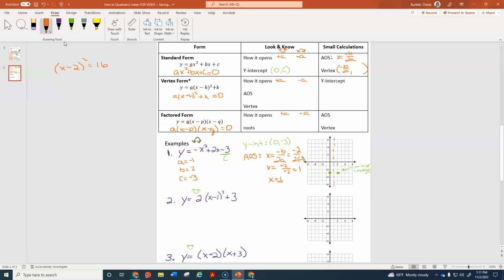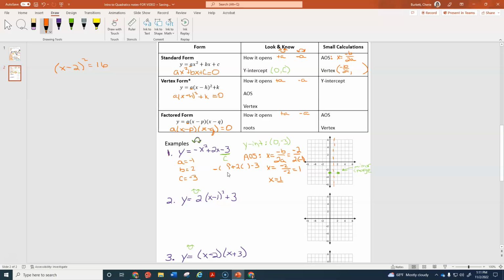I'm going to take that 1 and plug it in. Negative, I'm writing down the symbol that's in front of the x, I wrote that down again, negative. And then in parentheses, that's where my x goes, plus 2 times x minus 3.